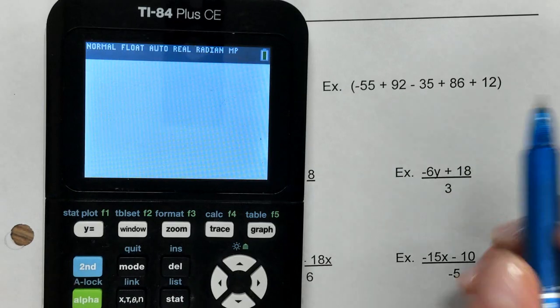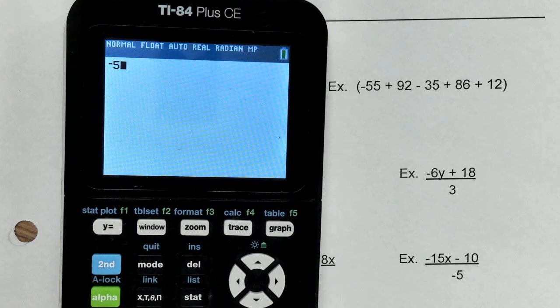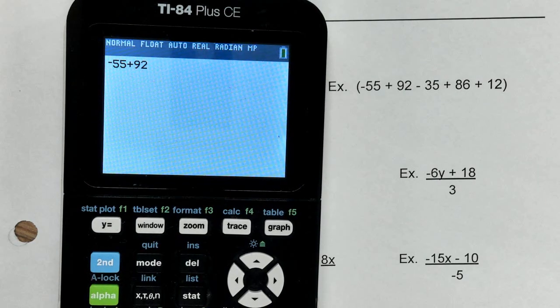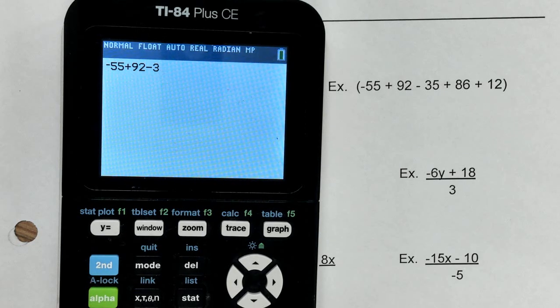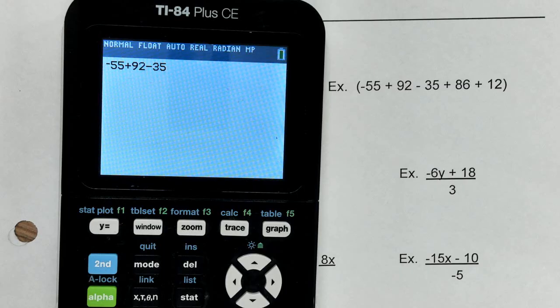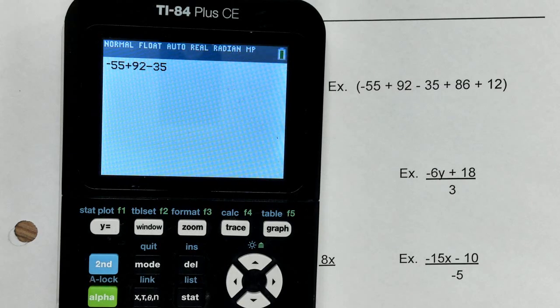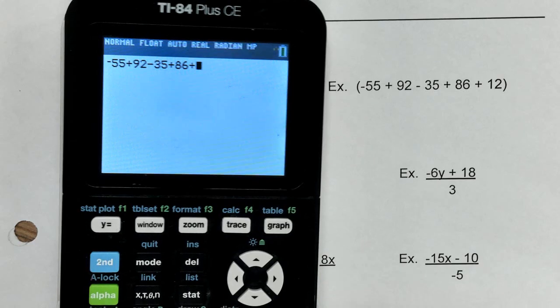All right, let's go to this one. I add the list, negative 55 plus 92 minus 35. It should have been plus negative 35 because we're adding the list, but isn't that mean the same thing? Yes, okay. Plus 86 plus 12.